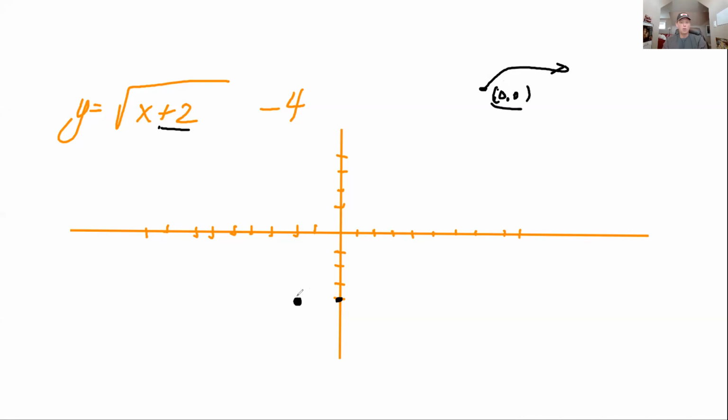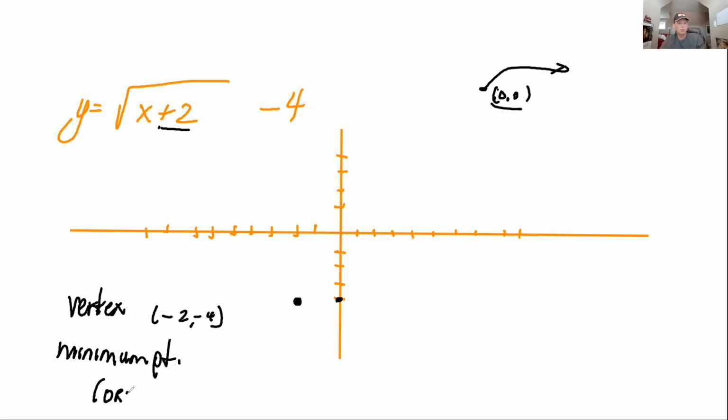So this point, which I like to call the vertex, I know that's usually associated with a quadratic function, but I like to call it a vertex. Your book will call it a minimum point. Our minimum point or our vertex is minus 2, minus 4. So that's like our origin.